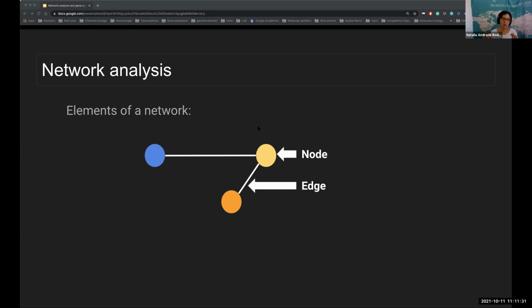The elements that you connect are the nodes. For example, in my case those were genes: the blue circle is one gene, the yellow another gene, and they are connected by edges.